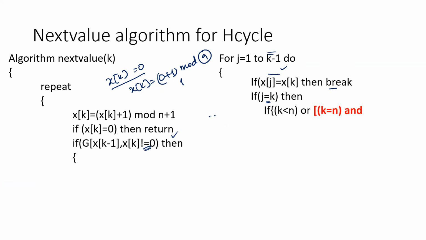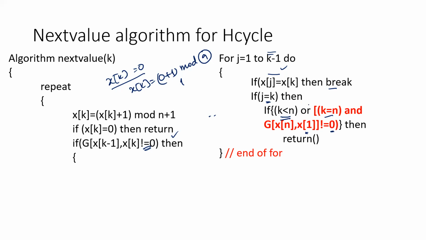Okay. One more condition: if k is less than n, no problem. No repetition and connection. No problem for k less than n. But there is a problem with k equal to n. So we will check the connectivity of x of n and x of 1, and if it is not equal to 0, then we will return.